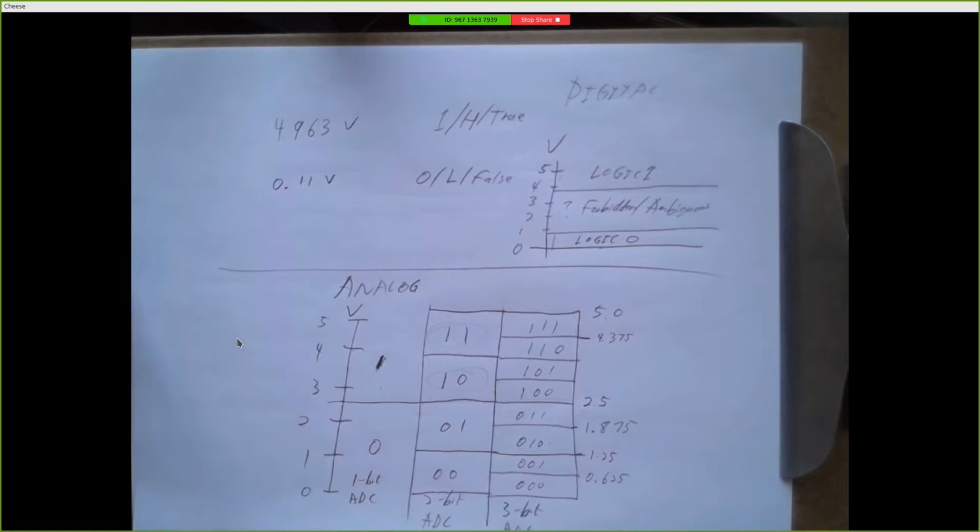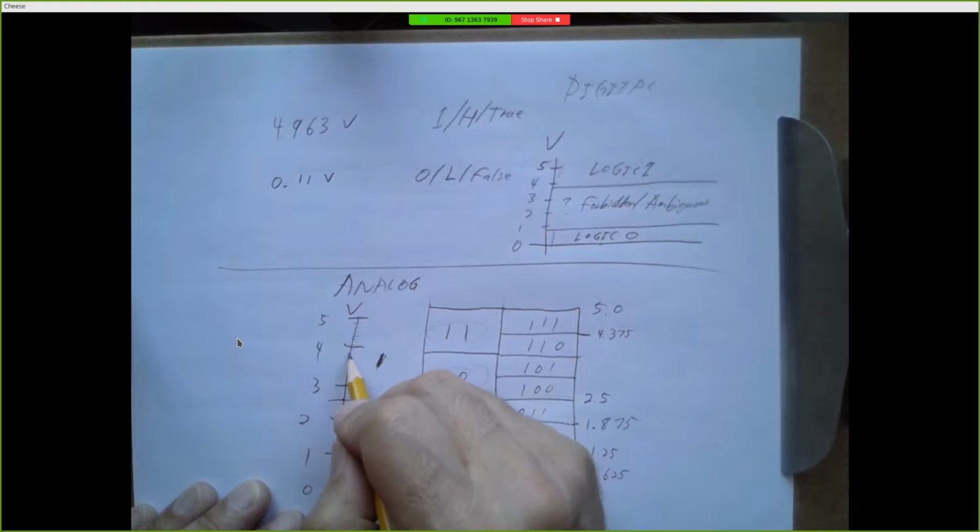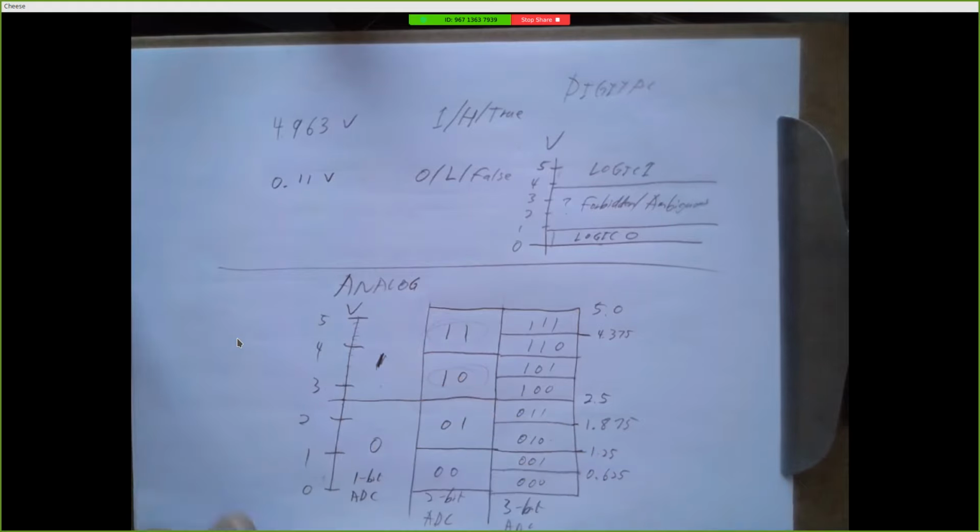If I use 16 bits for my analog to digital conversion, I've got 65,000 buckets that I've broken this voltage range into. That's a lot of precision, it's a lot of accuracy. Right? If I look at my 16-bit value corresponding to a particular voltage, I can know that voltage pretty precisely, right? We're in the sub-millivolt range.